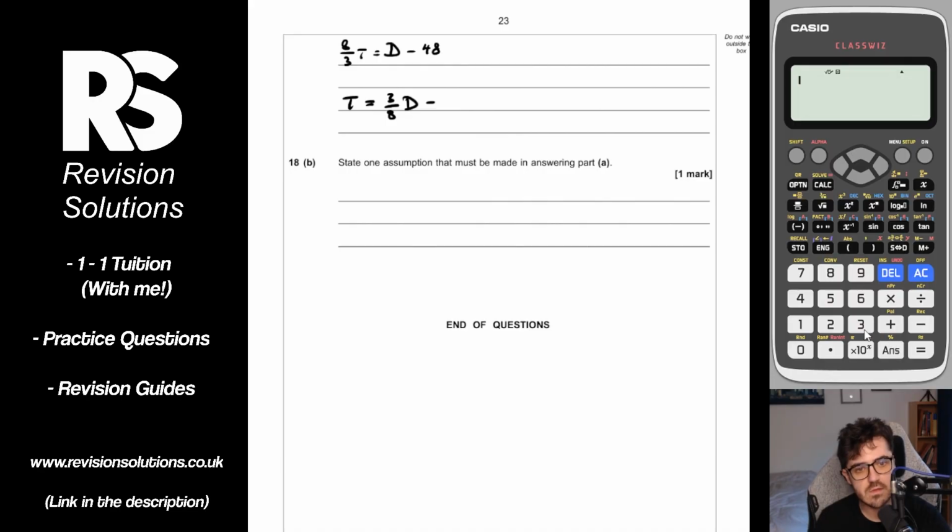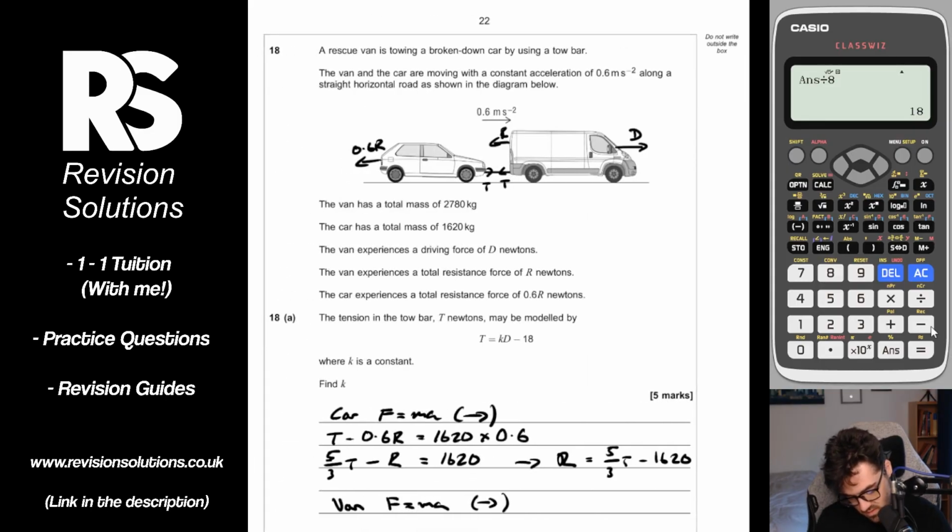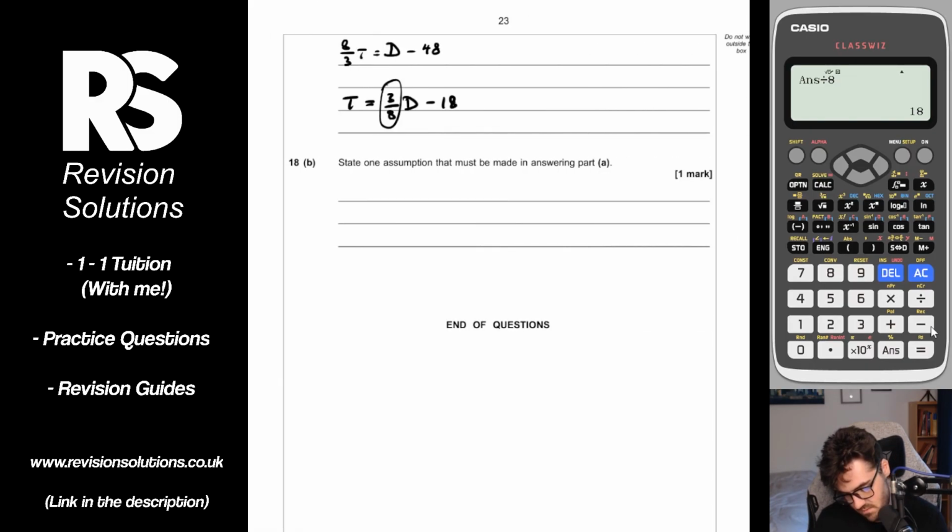Yeah, let's just check though. 48 times 3 divided by 8 does indeed give us the 18. So minus 18. And then we can just make a direct comparison. So we've got T equals 3/8 D minus 18, which is there. If we make that comparison, k must just be this number here. So 3/8. k is 3/8.